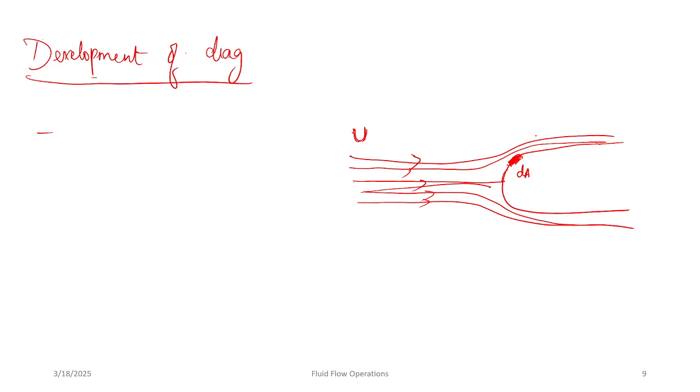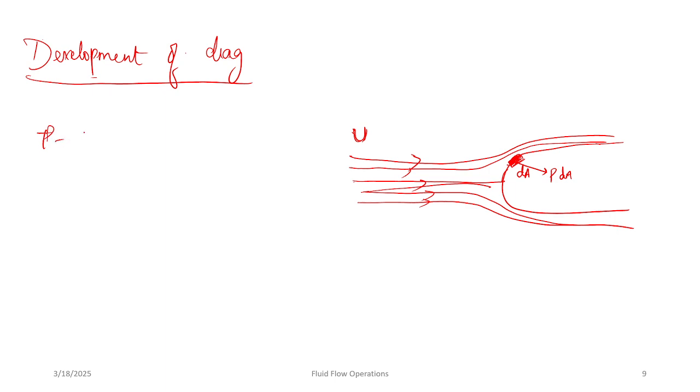Okay. So here, because of the flow, there will be a certain force exerted here, right? Let's say this is P, and the force is pressure into dA, the surface area.